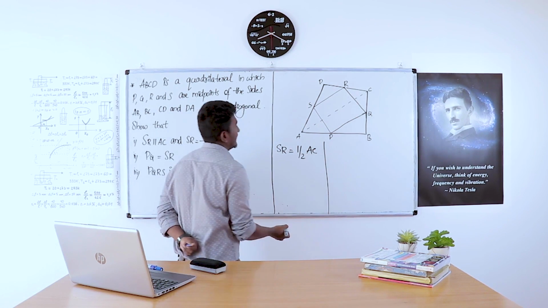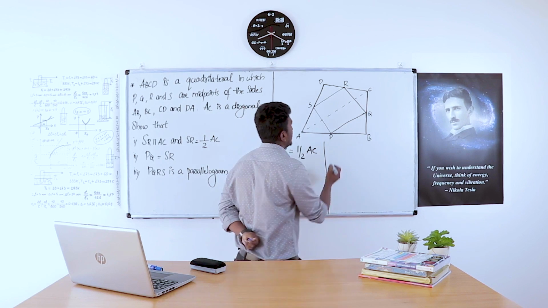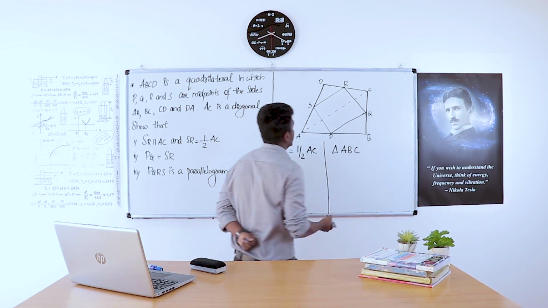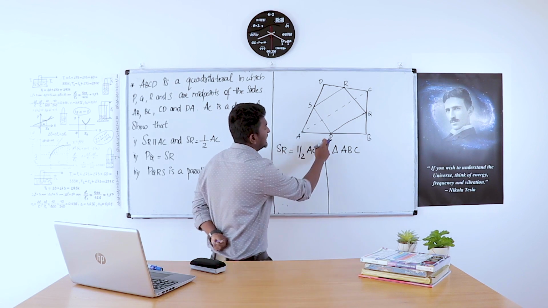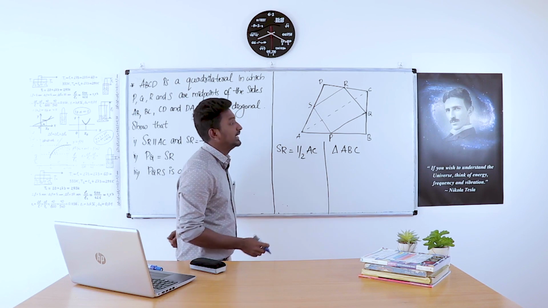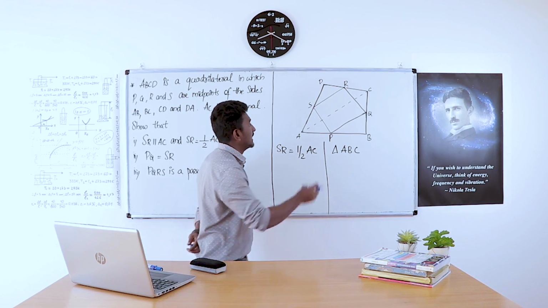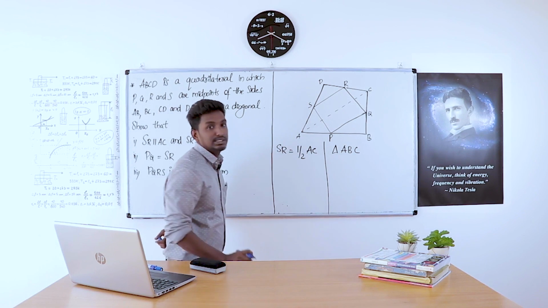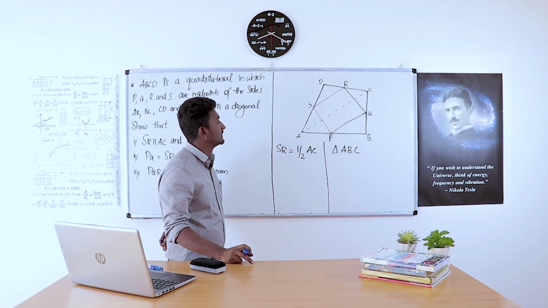Now consider triangle ABC. We know that P is the midpoint of AB and Q is the midpoint of BC.